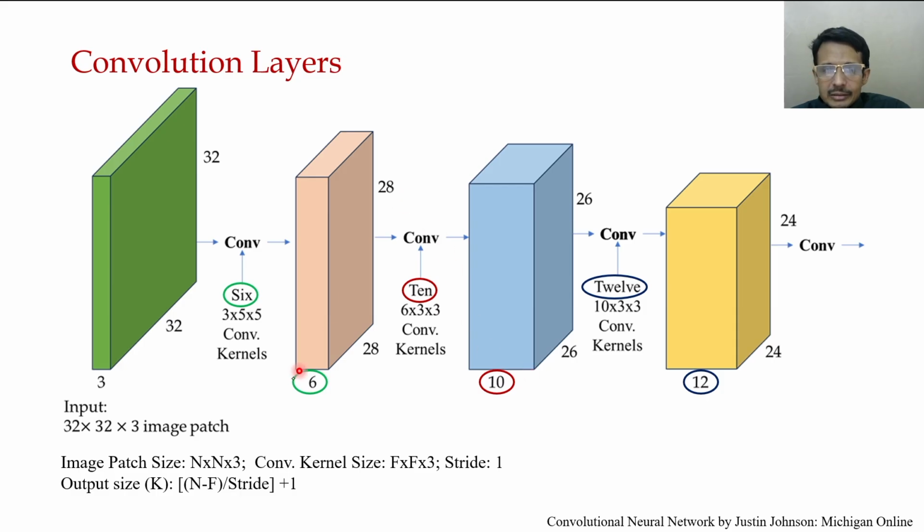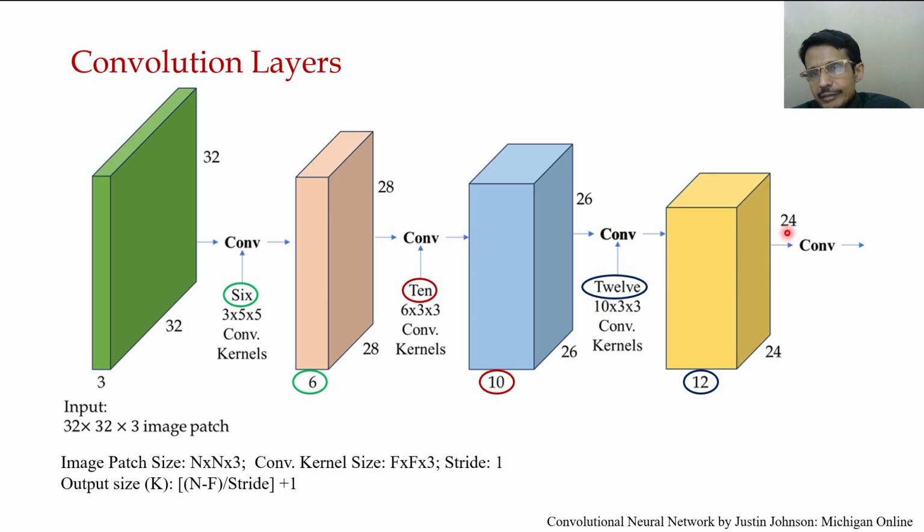As per our equation, if we use 3 × 3, 28 becomes 26. It's very easy: 28 minus 3, that is 25, plus 1, because the stride is 1. Now again, in the next convolution, we can use 12 filters of dimension 10 × 3 × 3, since the depth is 10, this should be 10.